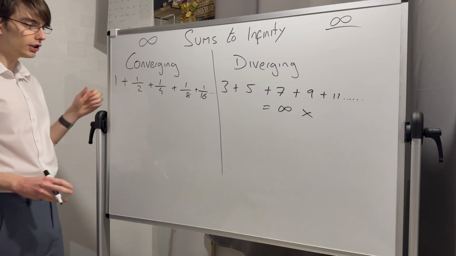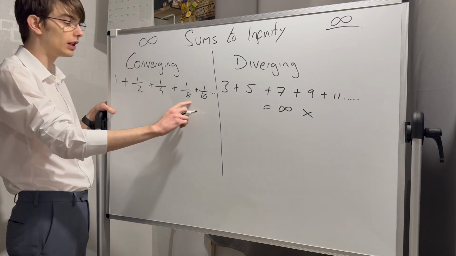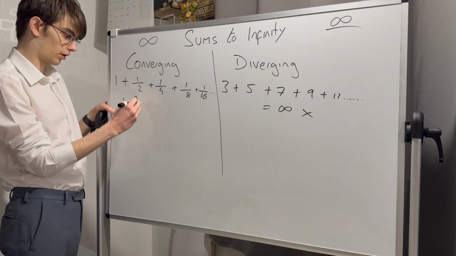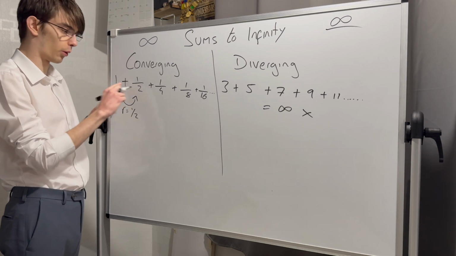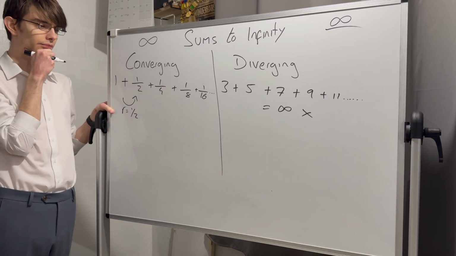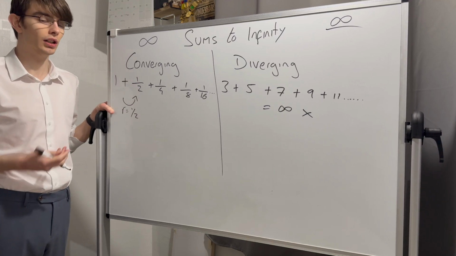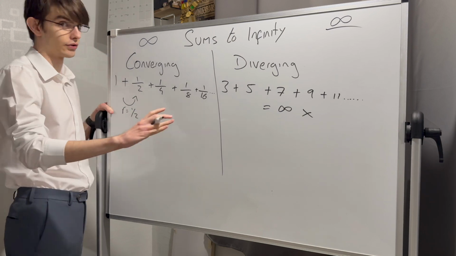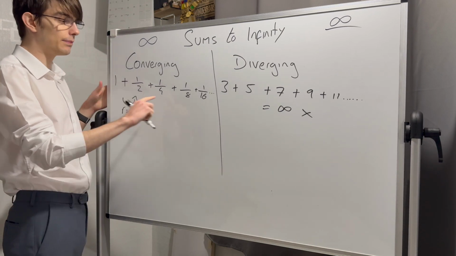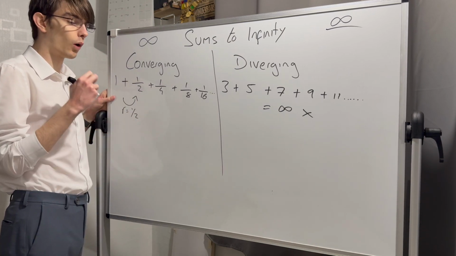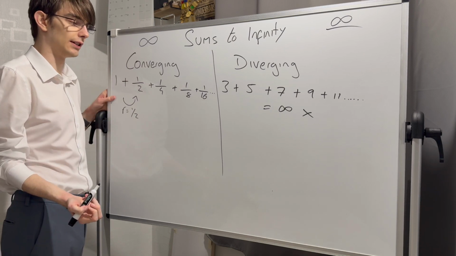Now, what I notice here, and this is a geometric sequence with r equals a half, I'm multiplying by half every time, is if I keep adding these together forever, and I encourage you to put this into your calculator and give it a go, it won't necessarily hit infinity.